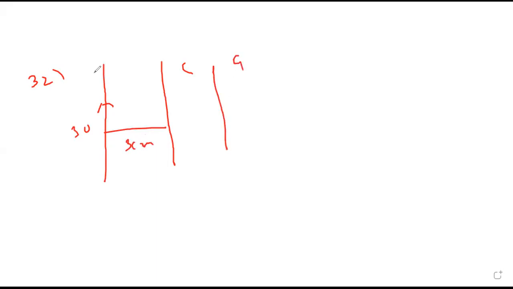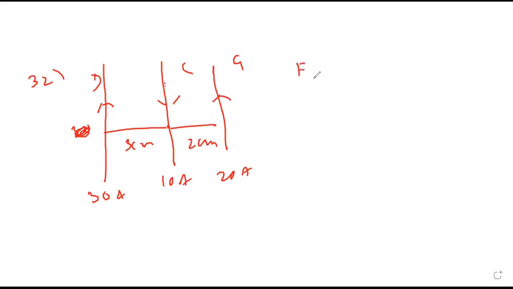This is G. Distance 2 centimeter. Carrying current downward. This is upward. 10 ampere, 20 ampere, 30 ampere are the currents. What is the force experienced by 25 centimeter length of wire C? Force experienced we want here.